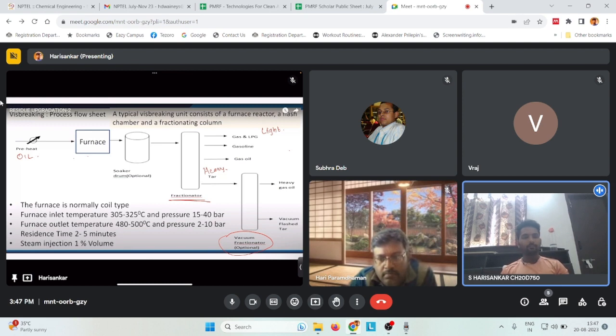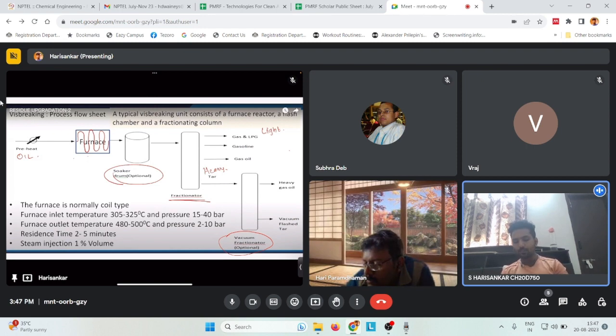And in some cases we also have a part called a soaker drum. So basically visbreaking is of two types, one with a soaker drum and one without. Let's assume this is without a soaker drum. In this case, the oil goes into this furnace, which has a lot of tubes.